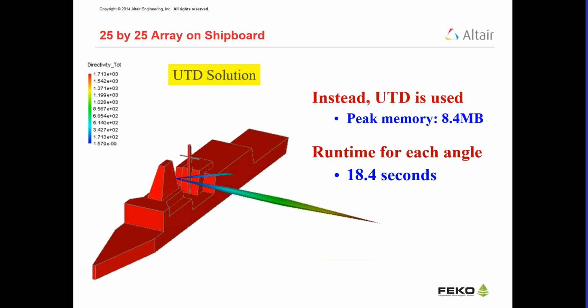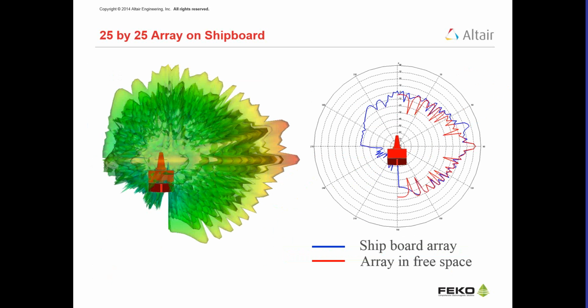And here we show the three-dimensional pattern of the array on the ship. The 2D pattern shows the red line is the array in free space, and the blue line is the array on the ship, where you can see that another lobe popped up because we mounted the array on the ship.